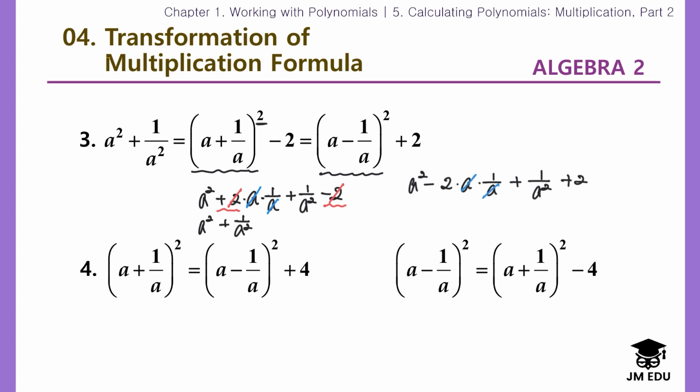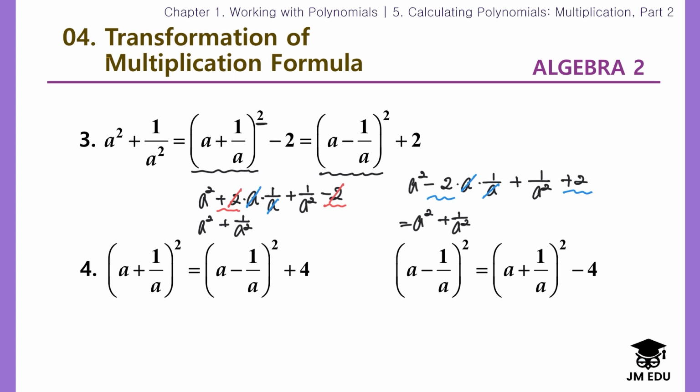So that's actually what? Minus 2 plus 2, that's 0. So we have a² + 1/a². So we see that all of these expressions are equal to each other. This expression is a² + 1/a², which is equal to this. This expression, if we simplify this, that's a² + 1/a², which is equal to this.